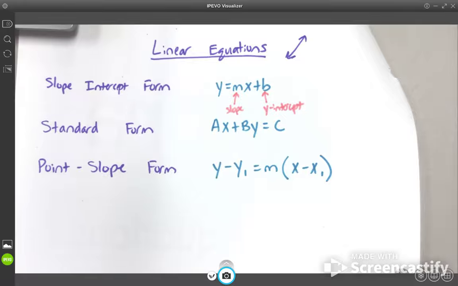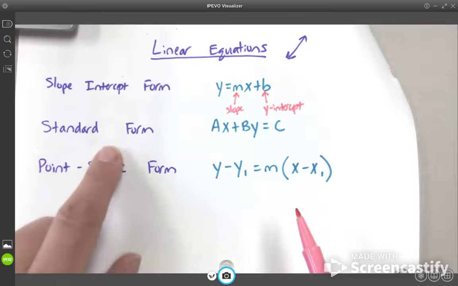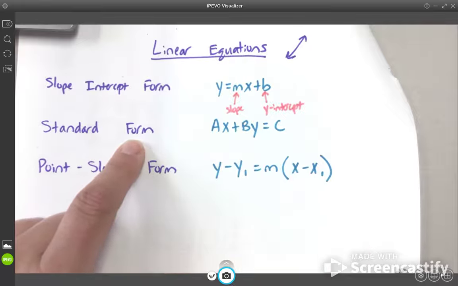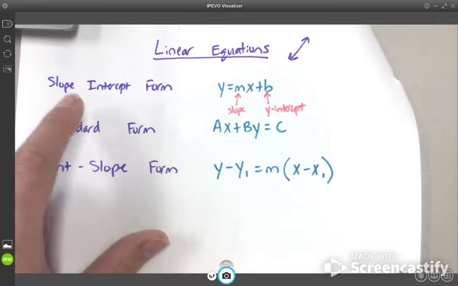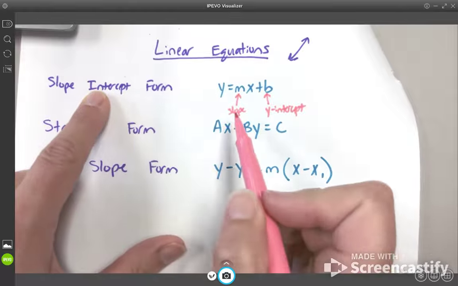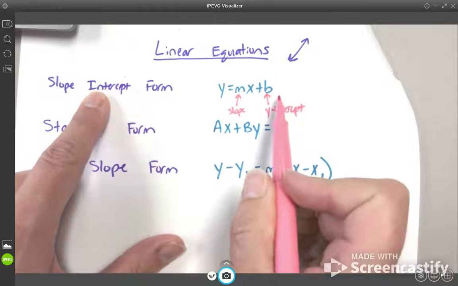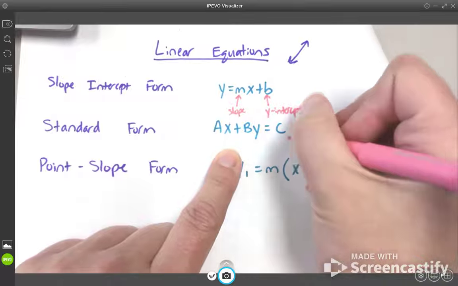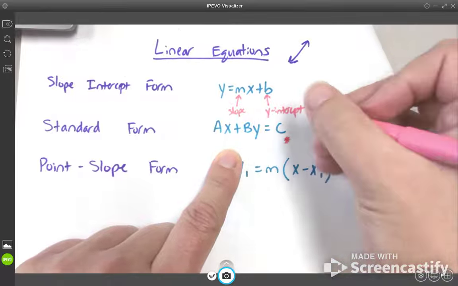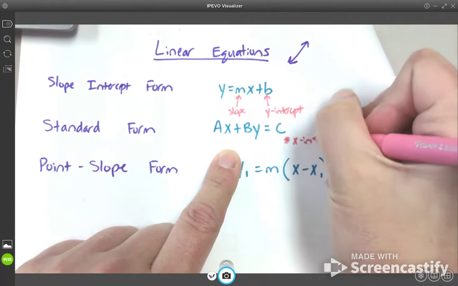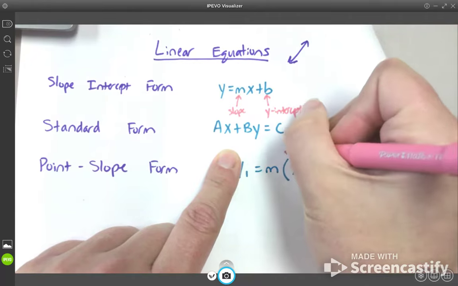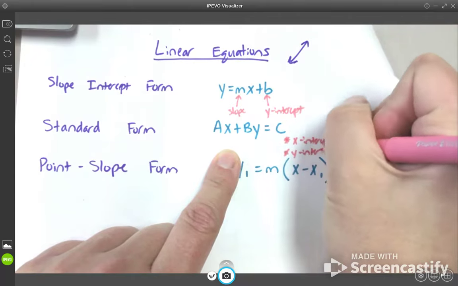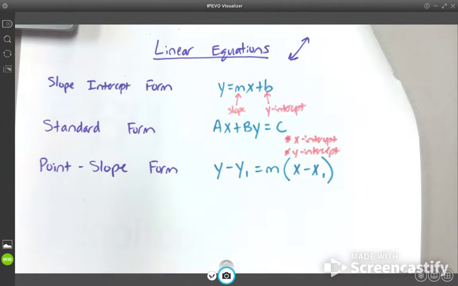And it being called standard form is always like my hint that doesn't give you anything, like slope-intercept form gives you a slope and a y-intercept right from the equation. But you use standard form to find two pieces of information, the x-intercept and the y-intercept. And so we'll talk today about how you get those.